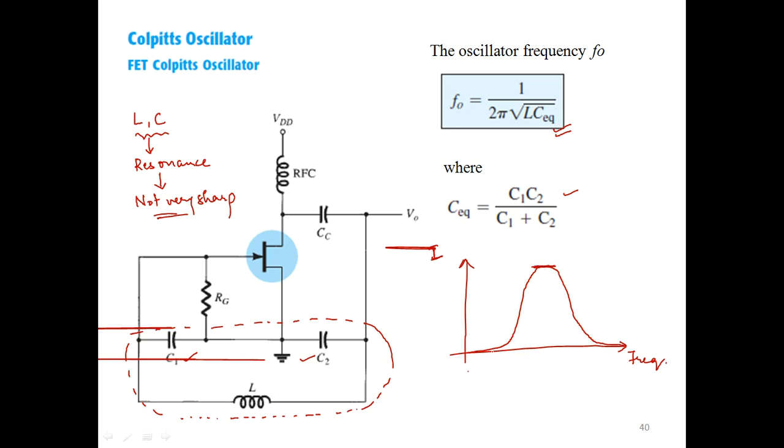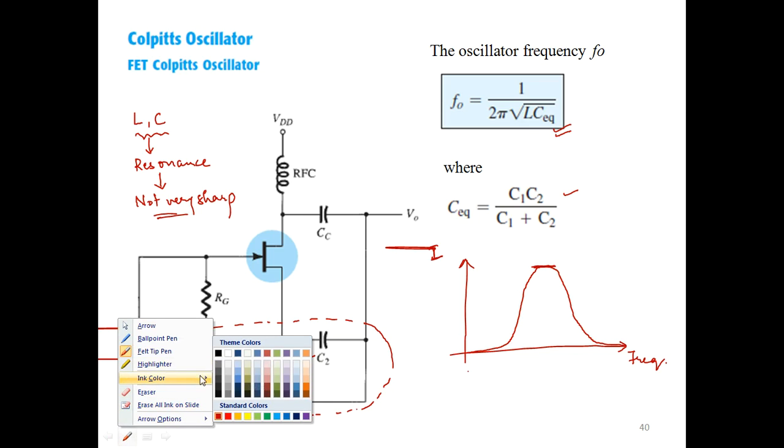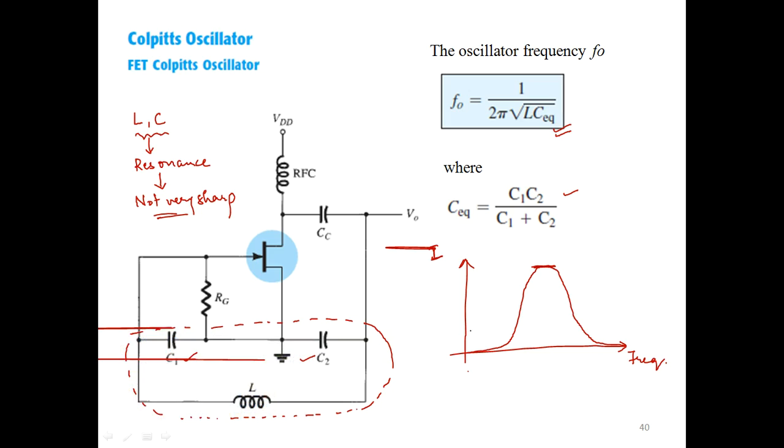Ideally we prefer a very sharp resonance of such kind. So what's the difference here? Here the resonance happens at a particular frequency. Say for example FR, FR stands for resonant frequency.